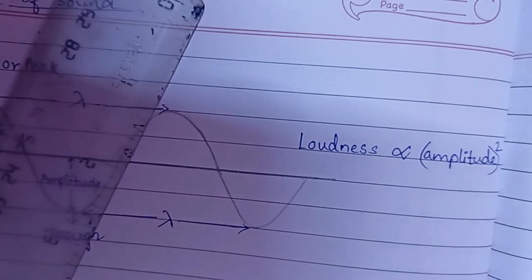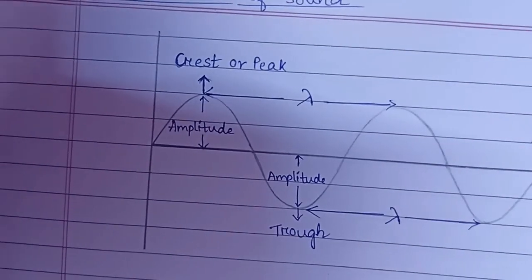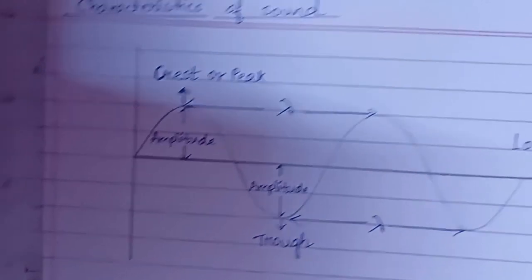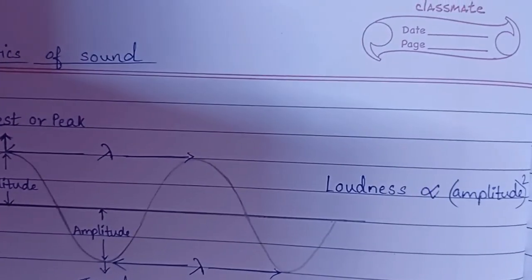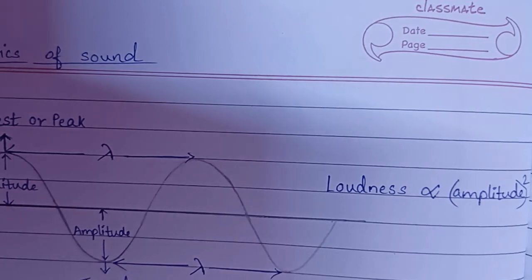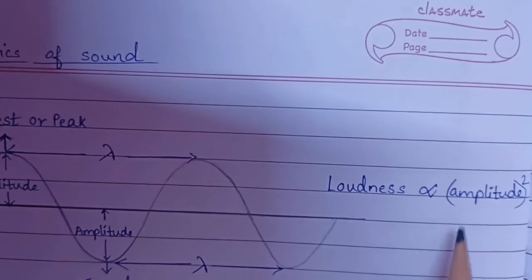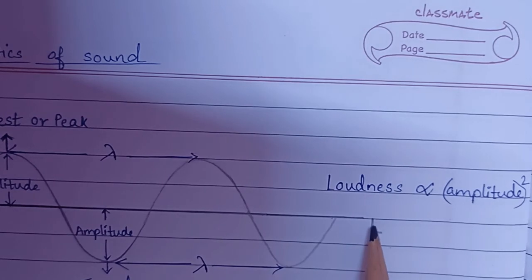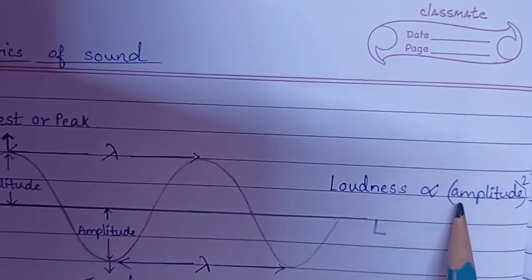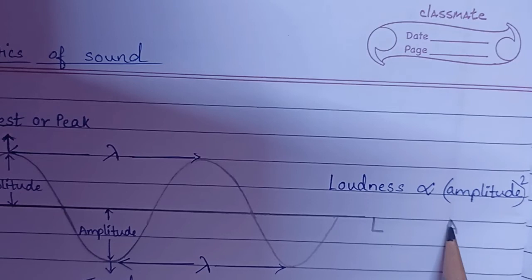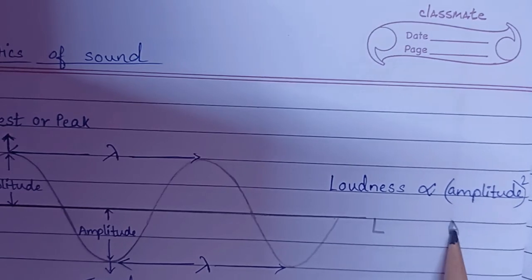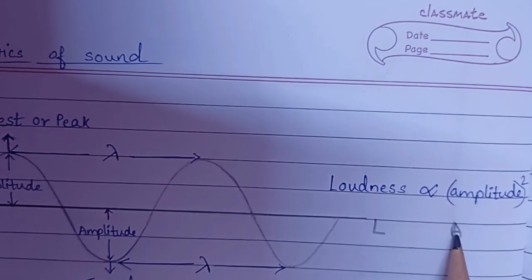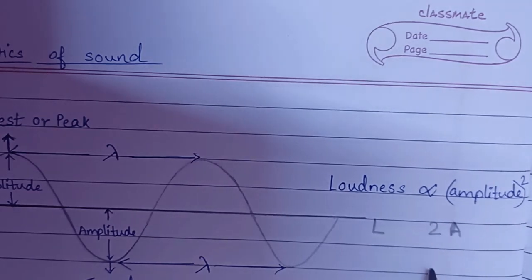Let us suppose we increase the amplitude 2 times. I am writing here L for loudness, and capital A is the amplitude. Suppose I am increasing this amplitude 2 times, that means 2A.